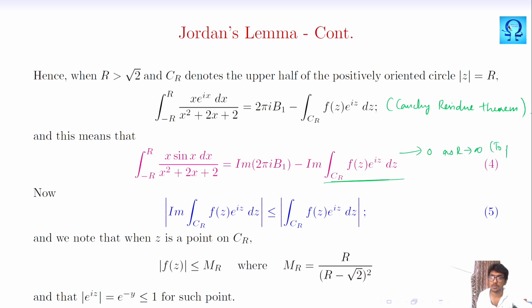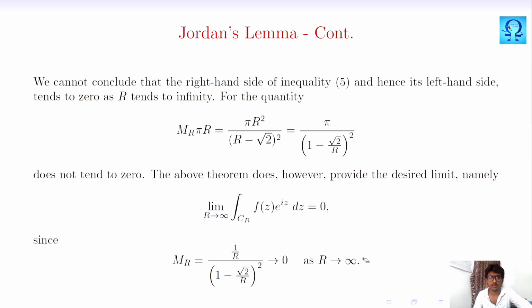This is to be proved, for which we take the estimate. The imaginary part of some complex quantity is smaller than or equal to the original quantity, and this is happening here. And what is M_R here? We know what our f of z is, so based on our f of z we have to estimate this using the ML inequality.